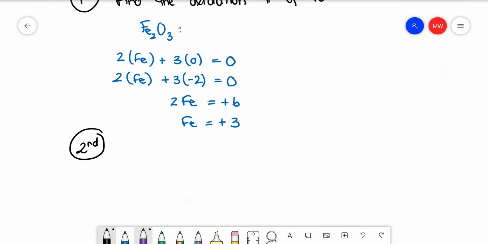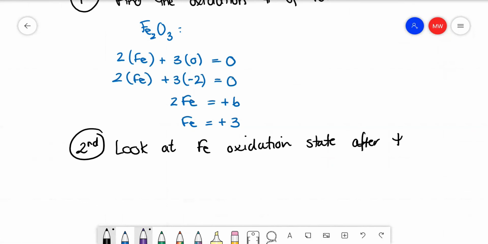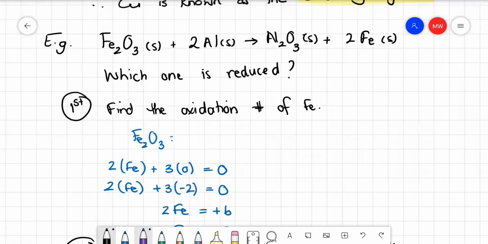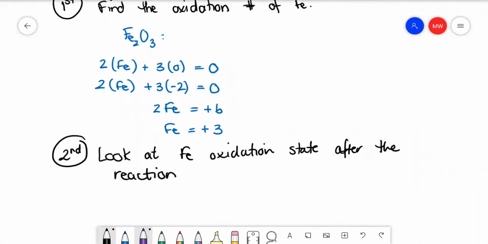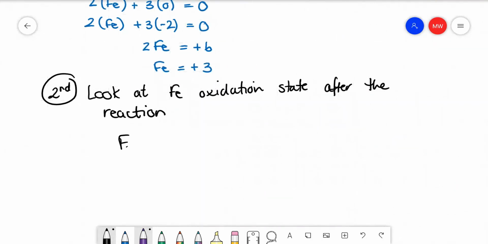Second step is to look at the iron oxidation state after the reaction. Over there it is just iron in its solid form, and that means that it has a charge of 0.